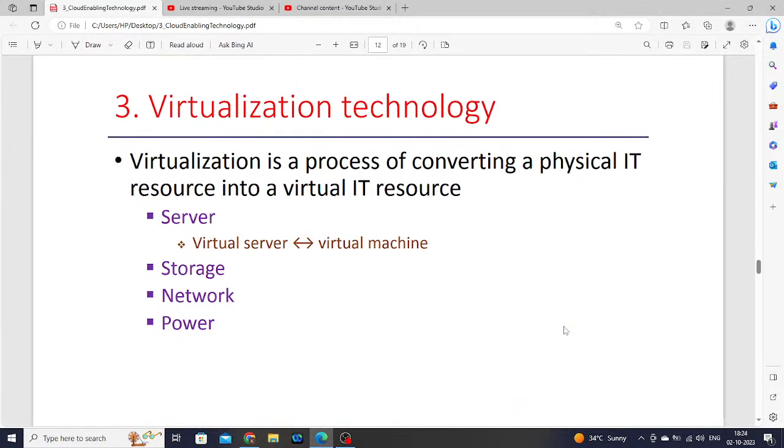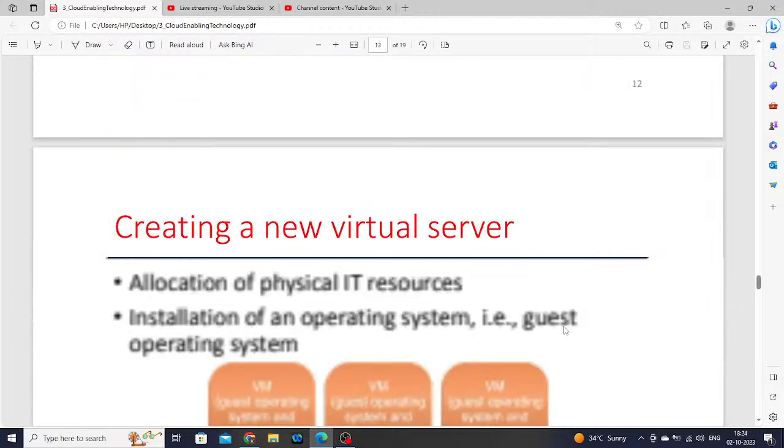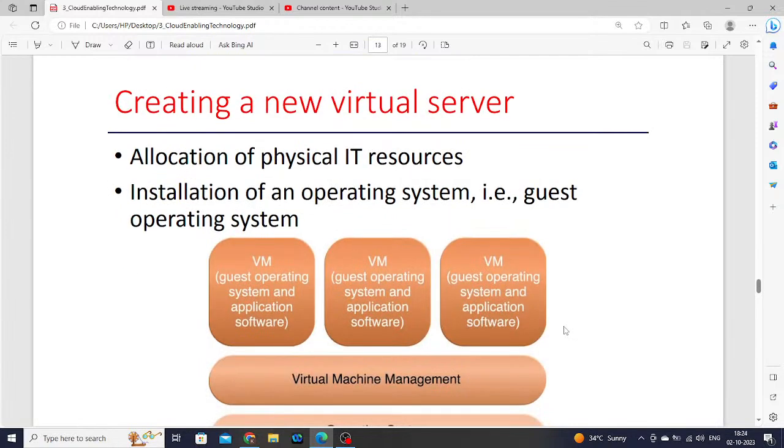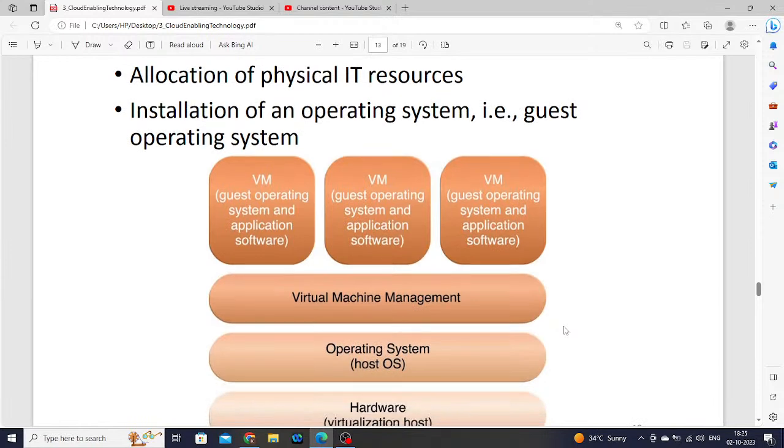Virtualization technologies. Virtualization is the process of converting physical IT resources into virtual IT resources, where the virtual server or virtual machine has storage, network, and power. Okay. Creating a new virtual server means allocation of physical IT resources and installation of an operating system and a guest operating system, like VM, and application software.